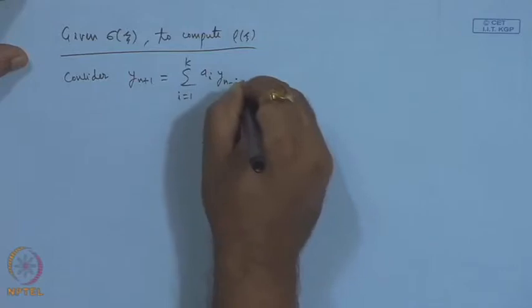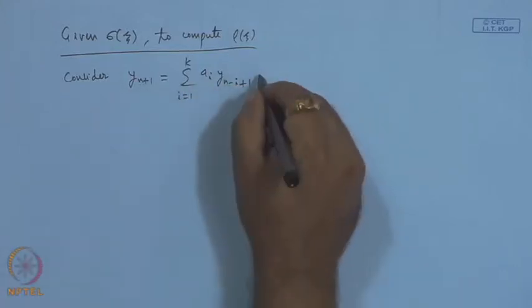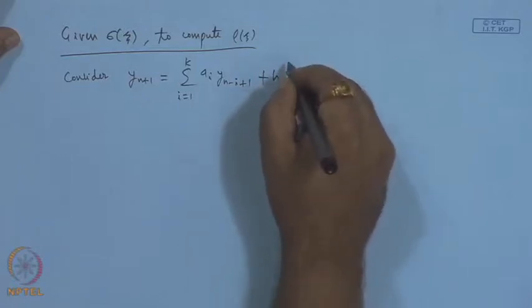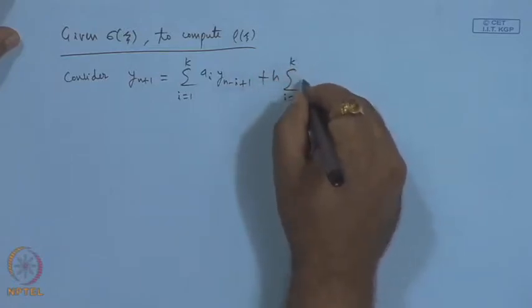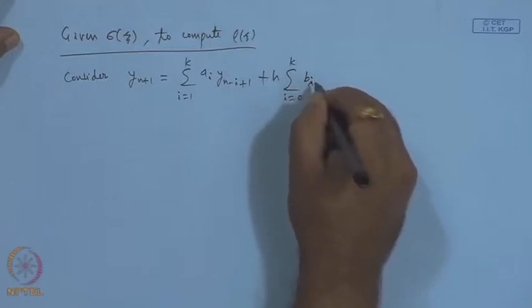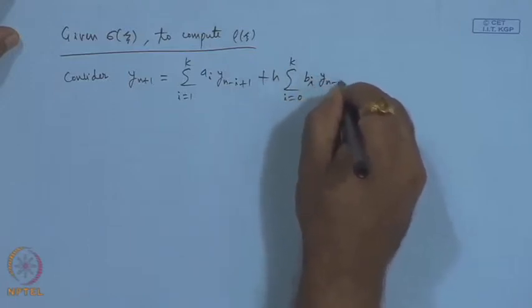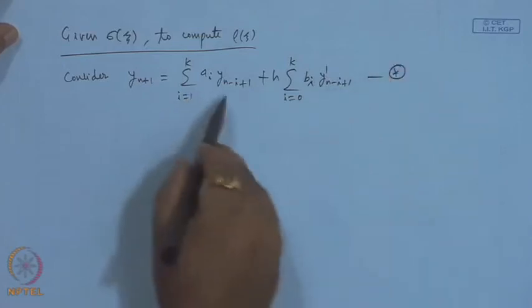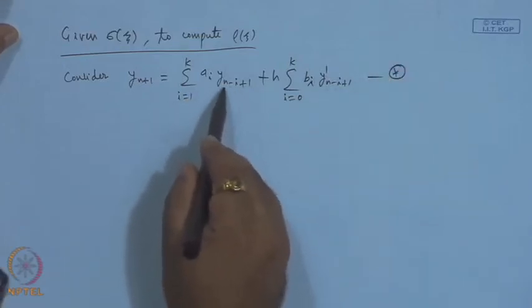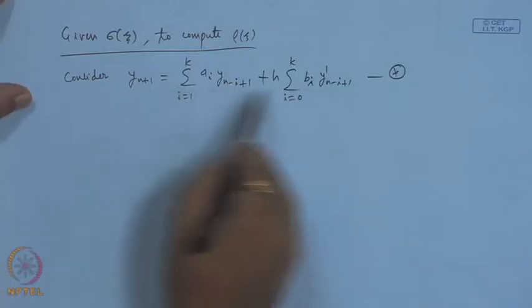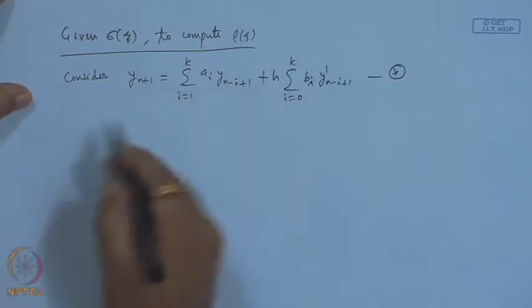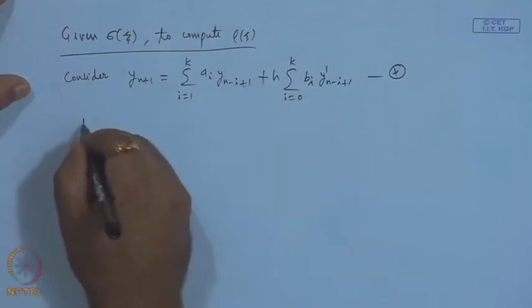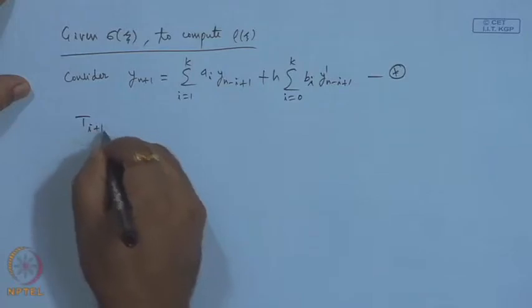I would like to make a remark. This can be written in different notations. I do not want you to remember; we should be able to write within any general notation. Sometimes like this, sometimes with n plus j combination. So, this is our multi-step method, then the corresponding error.